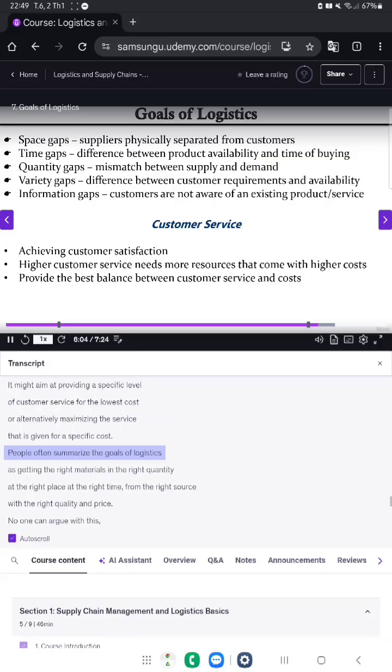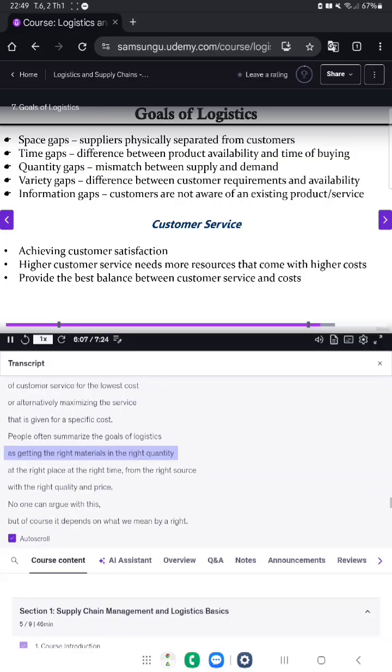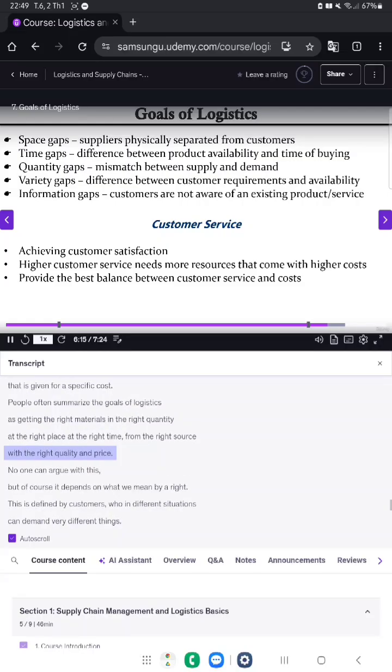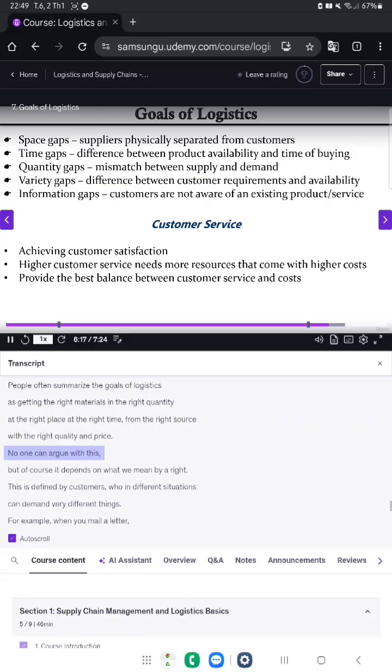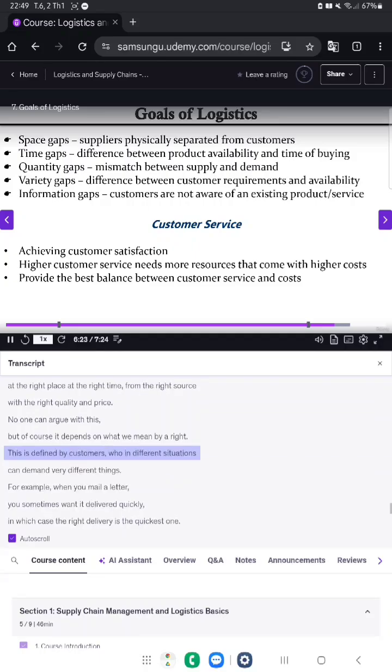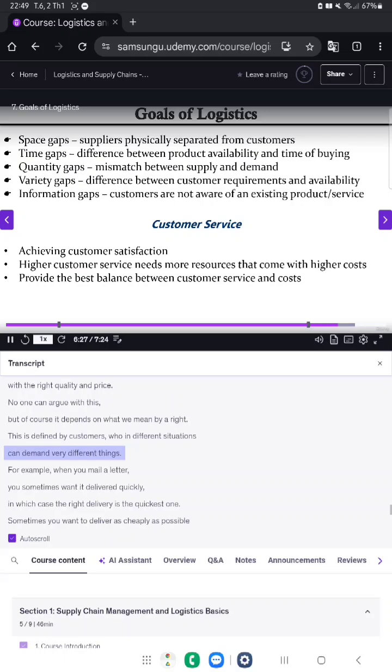People often summarize the goals of logistics as getting the right materials in the right quantity at the right place at the right time from the right source with the right quality and price. Now, one can argue with this, but of course it depends on what we mean by right. This is defined by customers, who in different situations can demand very different things.